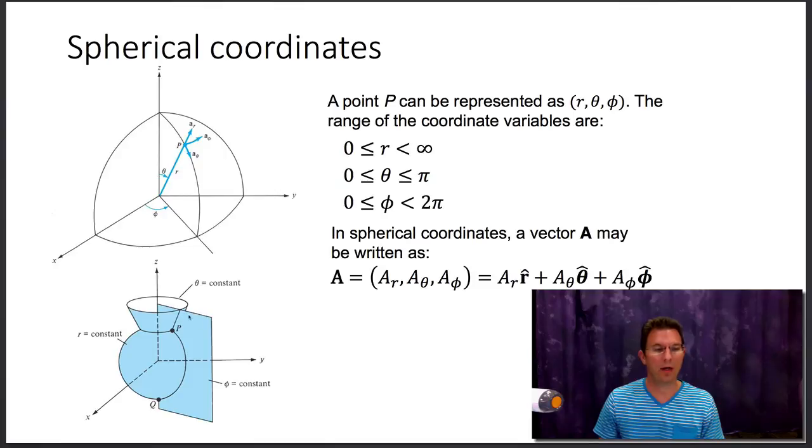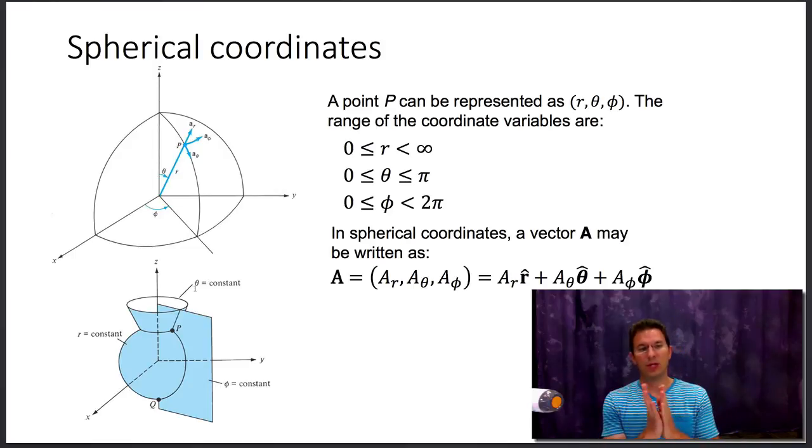And again, now we have some different constant coordinate surfaces that can be useful depending on the problem that we're working on. This little spherical ball here, this is r equals some constant. Anywhere on the surface of that sphere, r is equal to the same number. Theta equals constant surfaces describe cones in spherical coordinates. So any point along the surface of this cone is at the same value of theta.